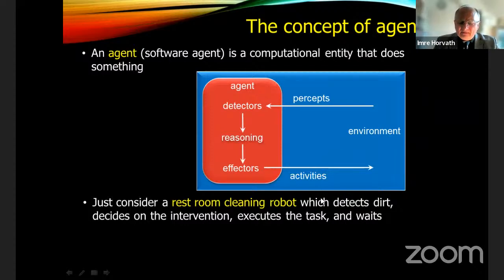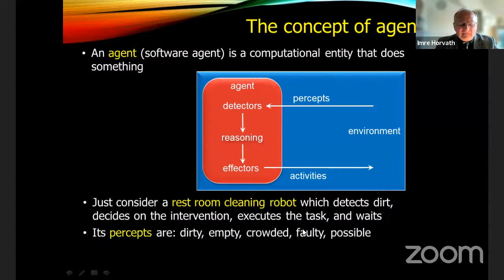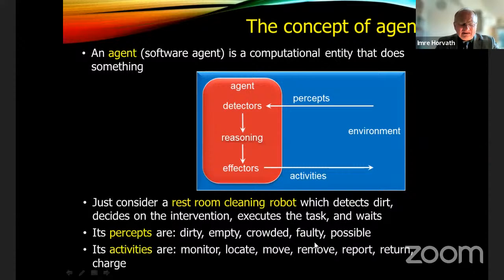Thank you. So a restroom cleaning robot detects dirt, decides on the intervention, executes the task, and then waits. It perceives dirt, whether the room to be cleaned is empty or crowded, whether there is a fault and the dirt is due to that, or whether it is possible at all to remove that sort of dirt.